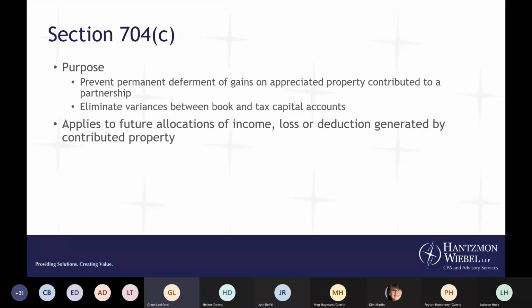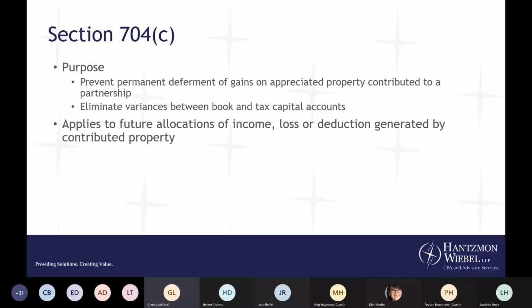In the simplest example, if I contribute a piece of property with a basis to me of $10 and it's worth $100, and it's subsequently sold for $110, the partnership's basis is 10 because it was my basis when I contributed it.